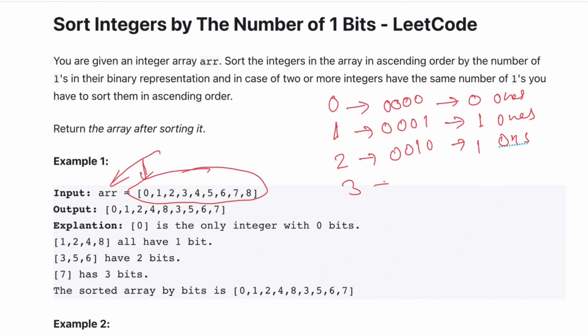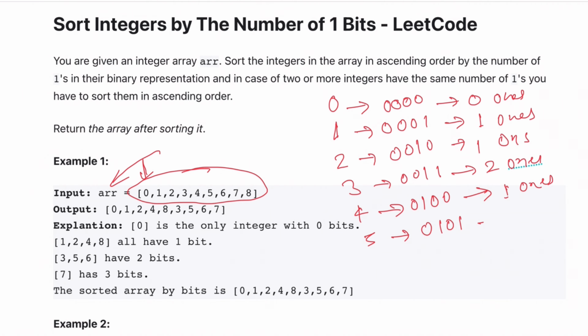For 3 we can represent 0011, so there are two 1s. If we represent 4 in binary, it will be 0100, and it will have one 1. Then we have 5, which is 0101, so two 1s will be there.